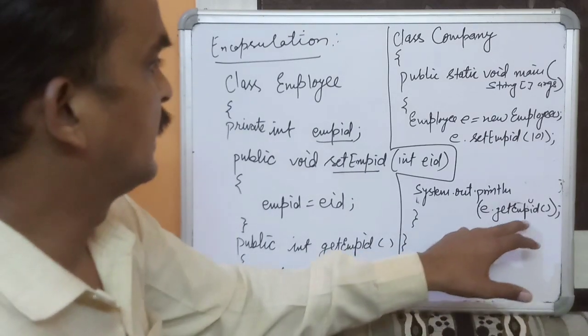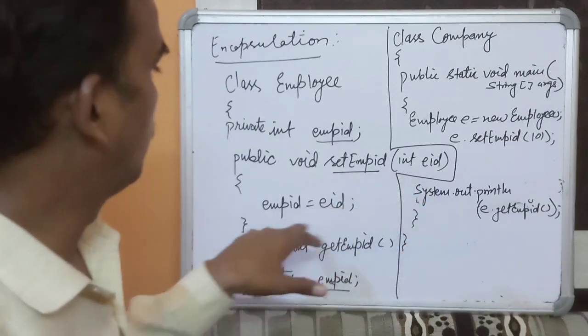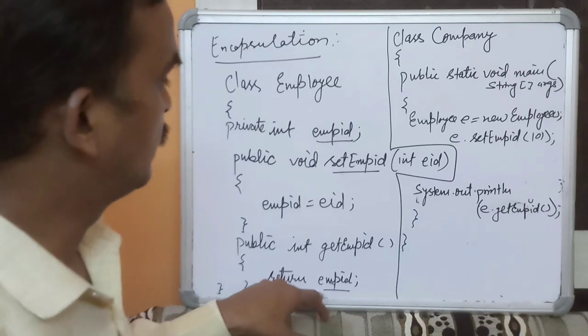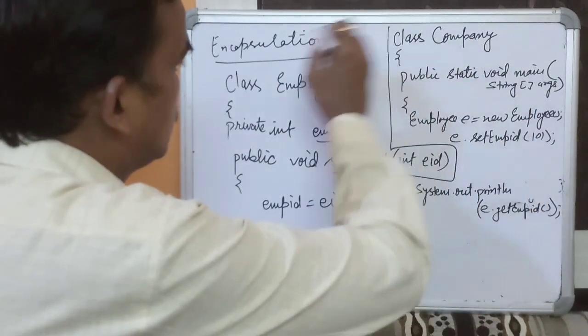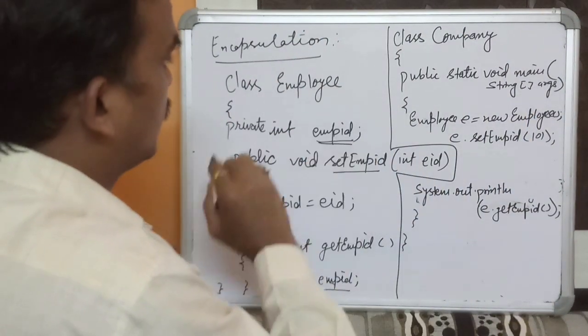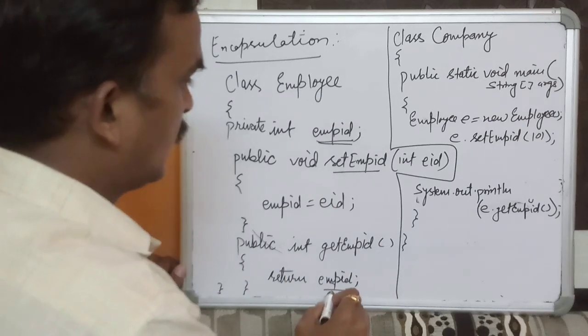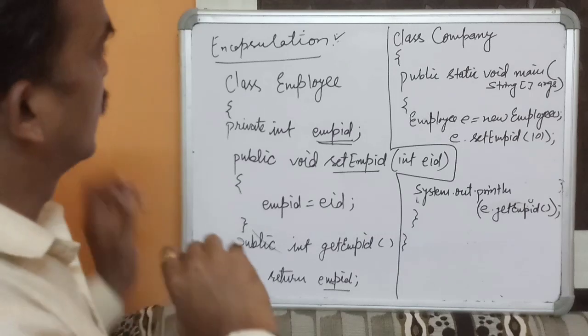That get empid method holds the value of employee id, so finally that value will be printed. The whole process is a combination of the reference variable and our method, and this whole is known as encapsulation.